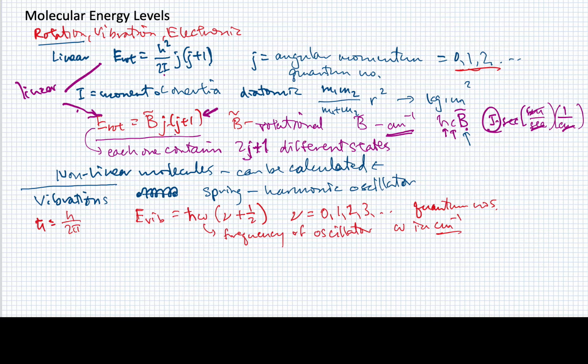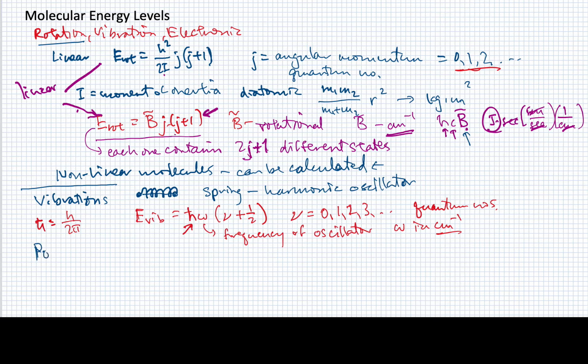Now, this is the set of energy levels that I would have for a single harmonic oscillator. What if I have a polyatomic molecule? I know in a polyatomic molecule, I'm going to have many vibrations. In fact, I know that my energy of vibration is going to include perhaps as many as 3n minus 6 of these vibrations. So I'll have to add up from 1 to 3n minus 6 a similar sort of expression for each of these.